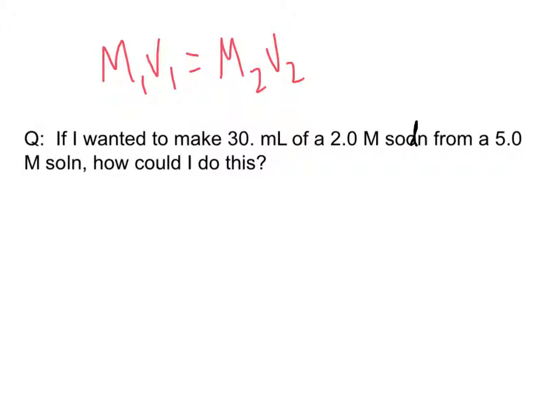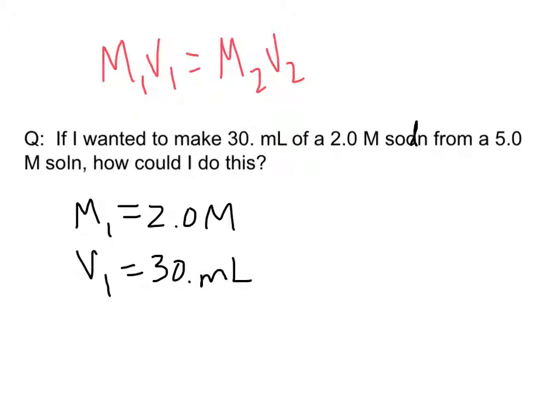So we're going to use this equation that I mentioned up above to solve this. So I'm going to make M1 equal 2.0 molar, and we know that V1 is 30 milliliters, M2 is 5.0 molar, and we are looking for V2.